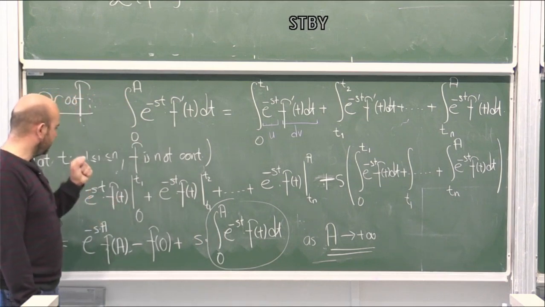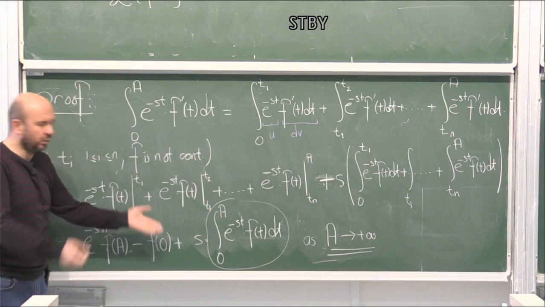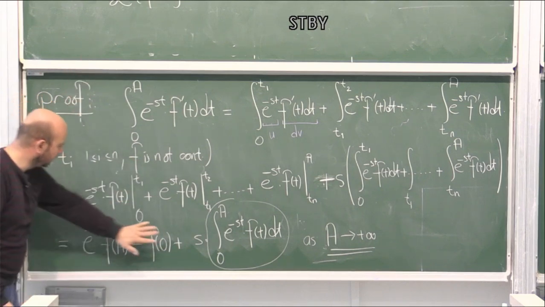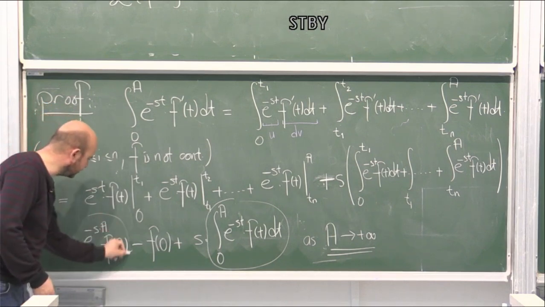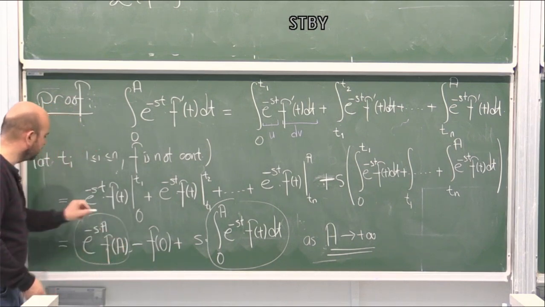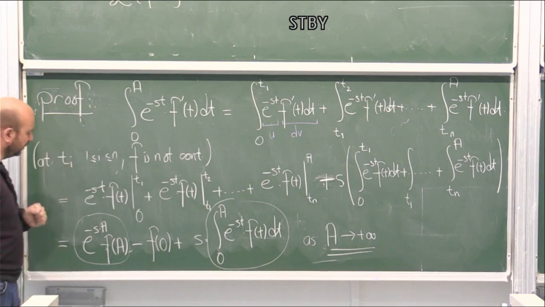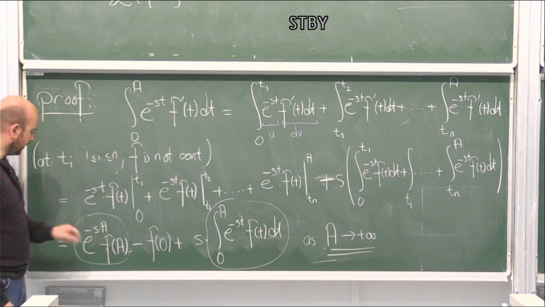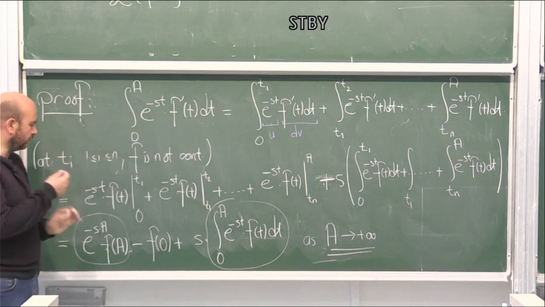Furthermore, now I want this part to converge. F of 0 is known because f is a function starting from 0, so there is nothing here. Now this must converge. What we have here is f of a e to the minus sa. Again, the exponential either will go to infinity or it will go to 0.